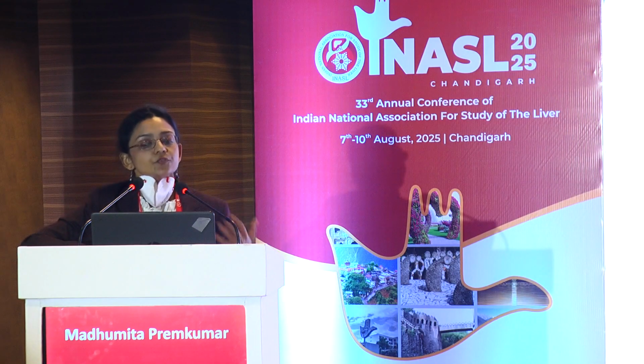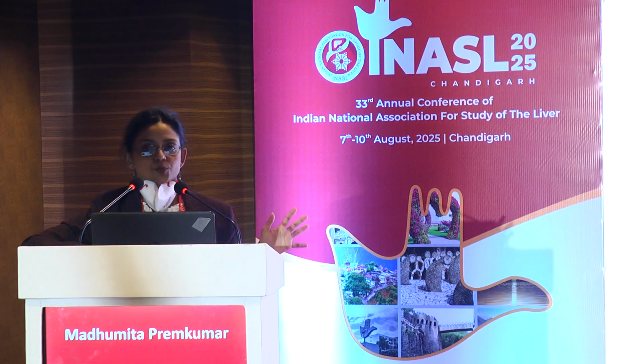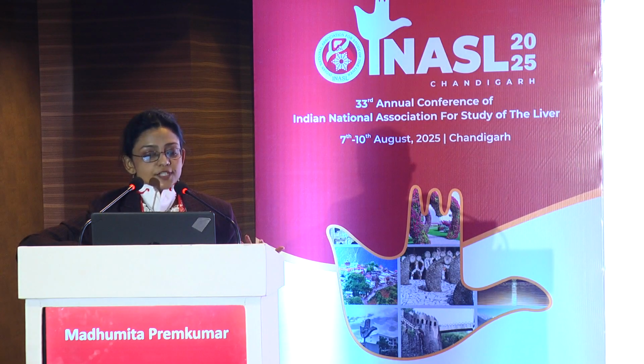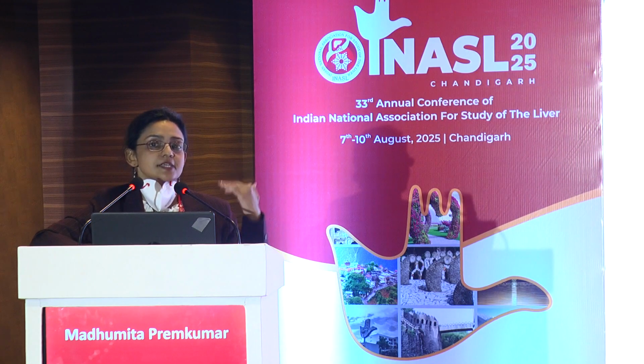Now, what we used to call NCPH earlier, we divided as pre-sinusoidal, sinusoidal, and post-sinusoidal as per our venography studies or our HVPG studies. So, pre-sinusoidal would have normal HVPG. So, in these, we would have arterioportal fistulas, INCPH, NRH, also some biliary disorders where we have a lot of portal hypertension and the fibrosis is not congruently as much.